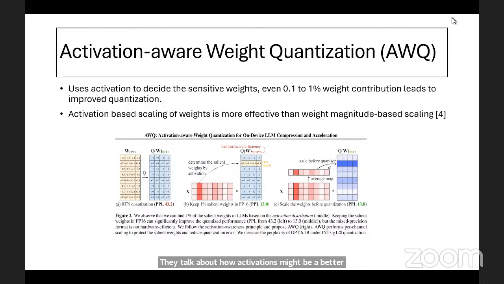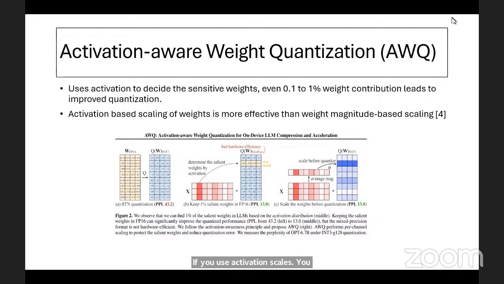So they try an empirical study where they use just the magnitude of weights to determine the quantization scales, as well as the magnitude of activations to determine quantization scales. And they find that if you use activation scales, you see much better performance.